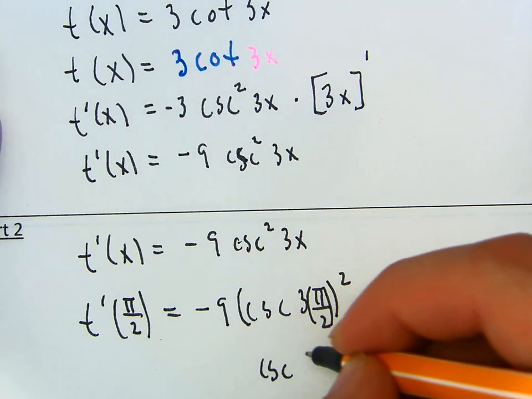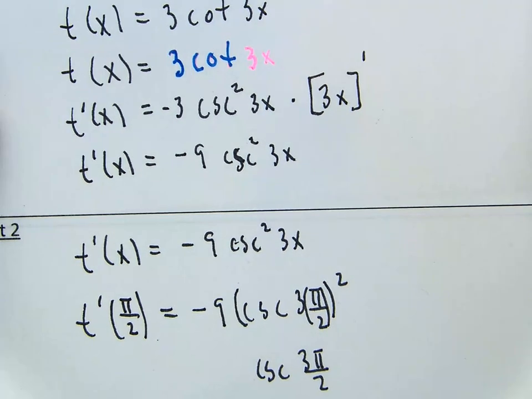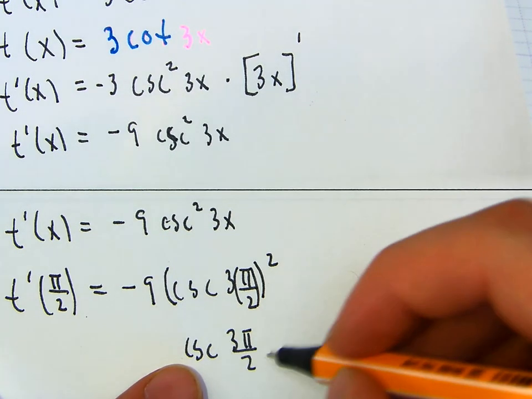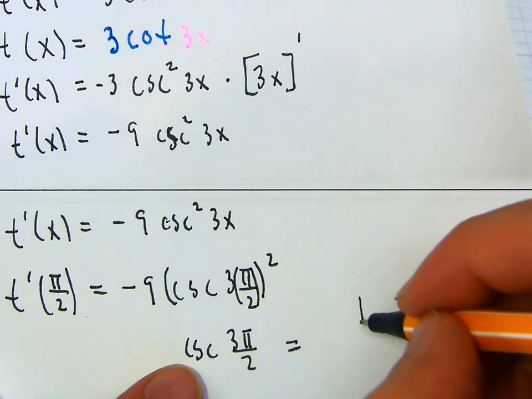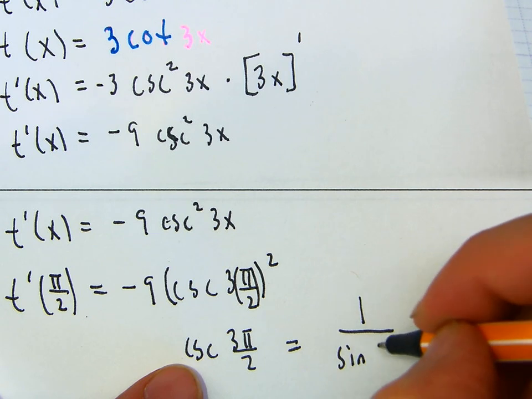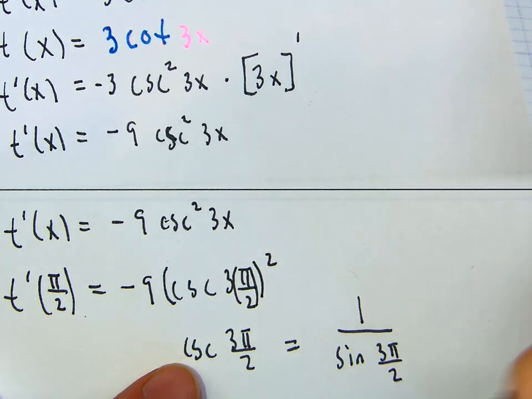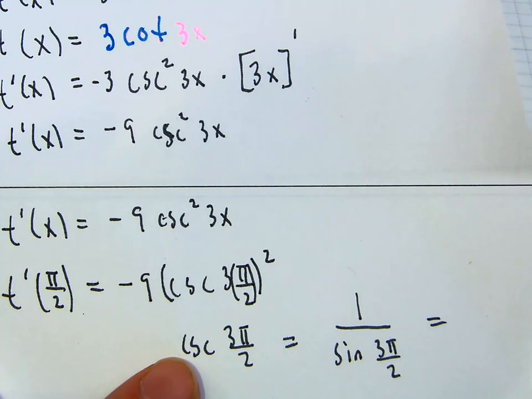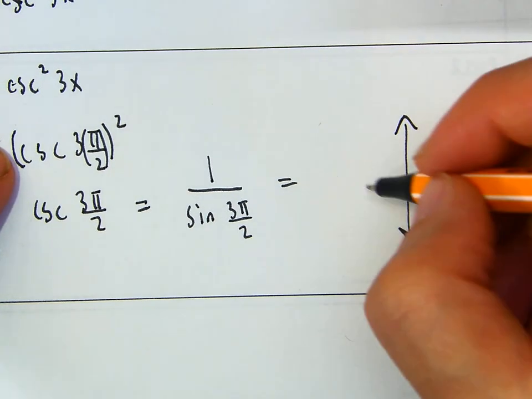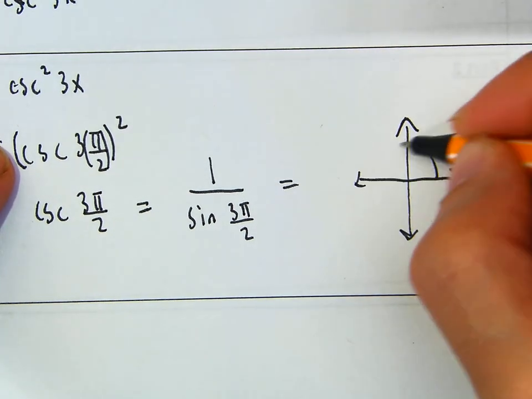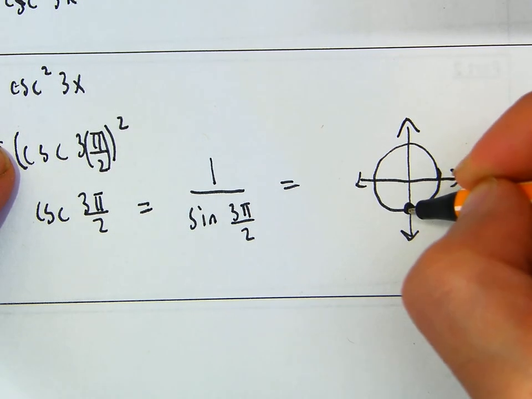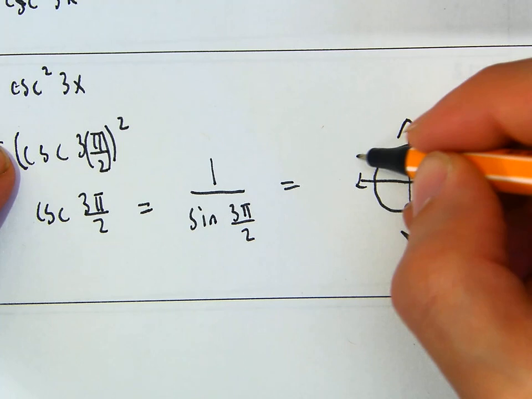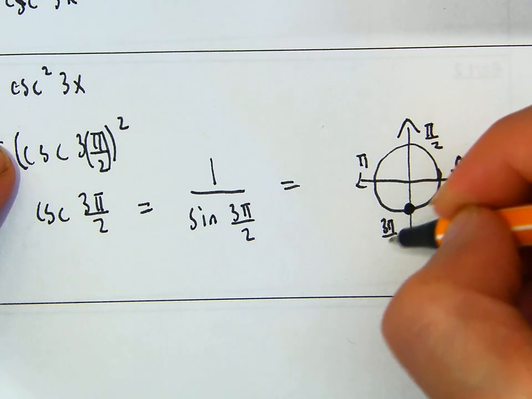Cosecant of 3 pi over 2, we haven't really done this in class, but basically it's the same as 1 over sine of 3 pi over 2. And what is sine of 3 pi over 2? If I have my circle over here, this is 0, this is pi over 2, this is pi, this is 3 pi over 2.